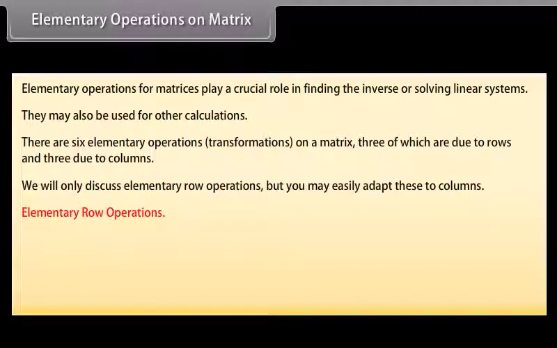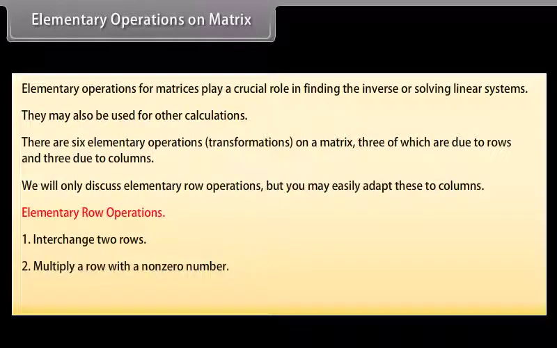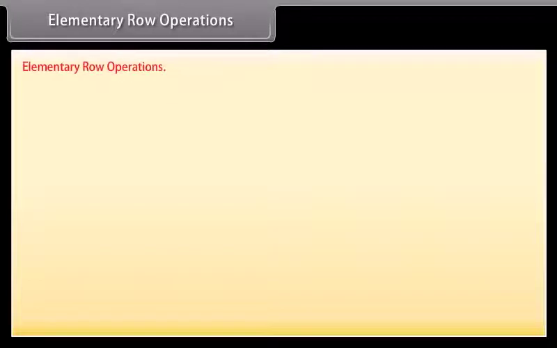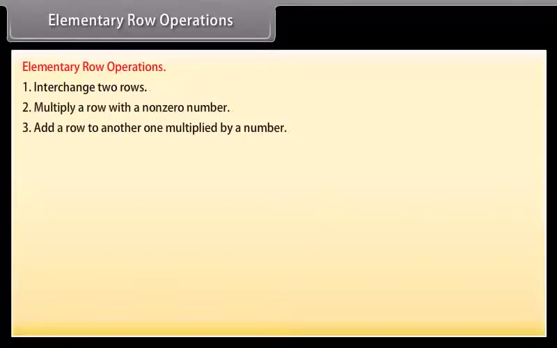Elementary row operations. Interchange 2 rows, multiply a row with a non-zero number, add a row to another one multiplied by a number. Let us go through them one by one. Interchange 2 rows.